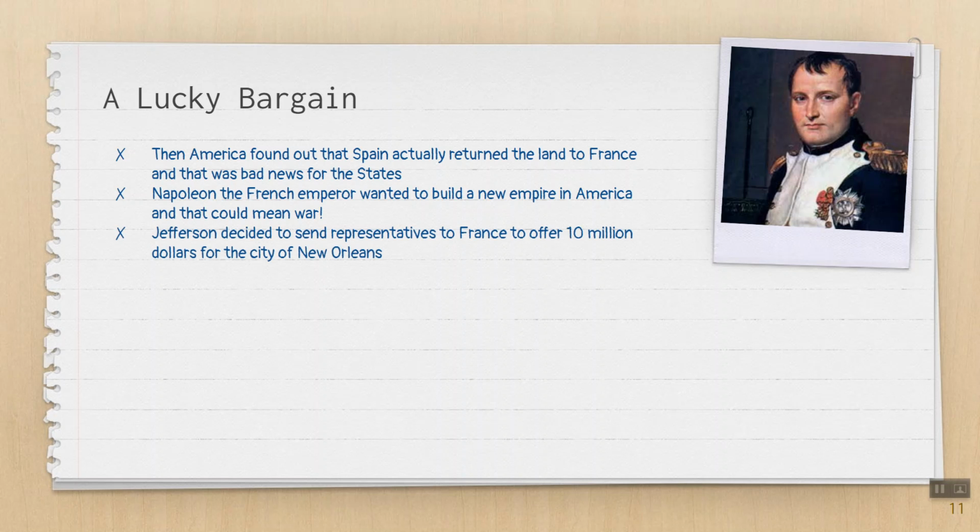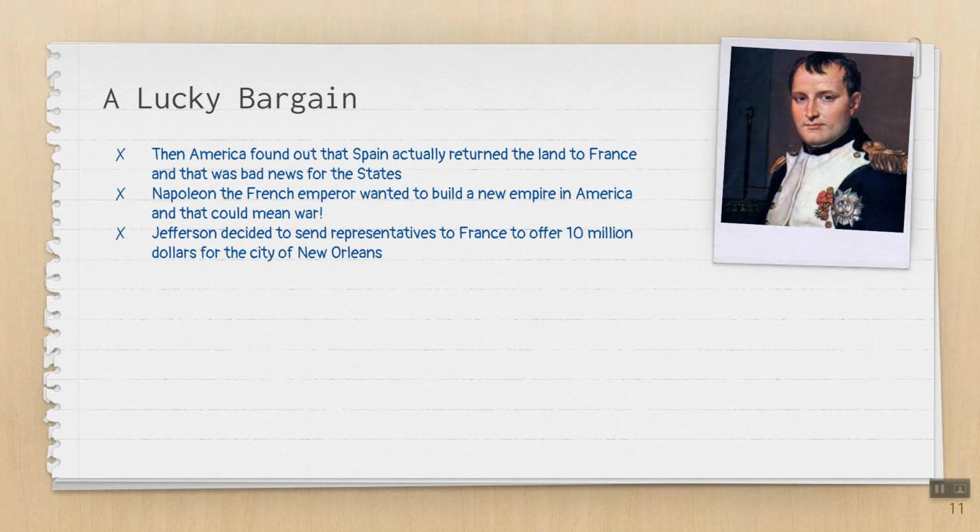And Jefferson knew this, and he wanted to get ahead of this issue. So he sent representatives to France, and he offered Napoleon $10 million for the city of New Orleans. He wanted to buy the city of New Orleans. He wasn't really too worried about that other territory. He just really wanted the port at the time.